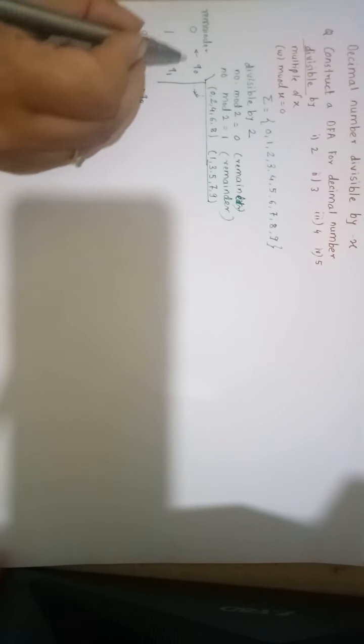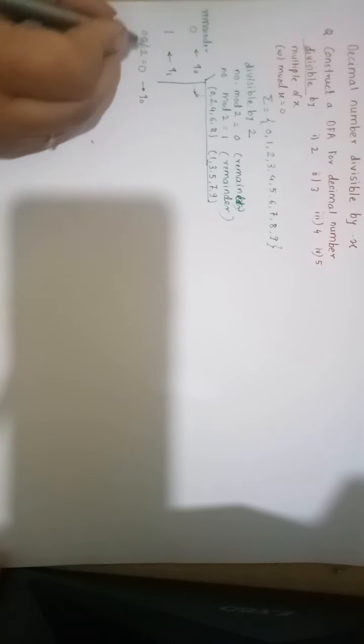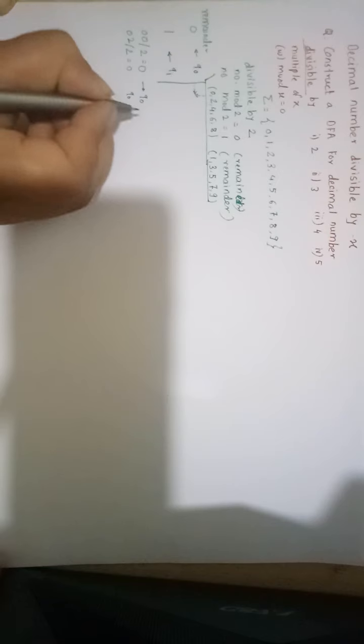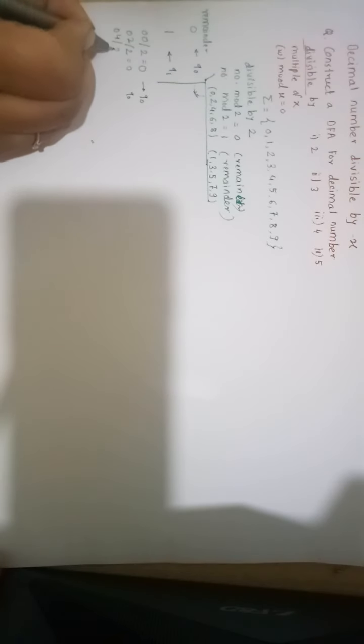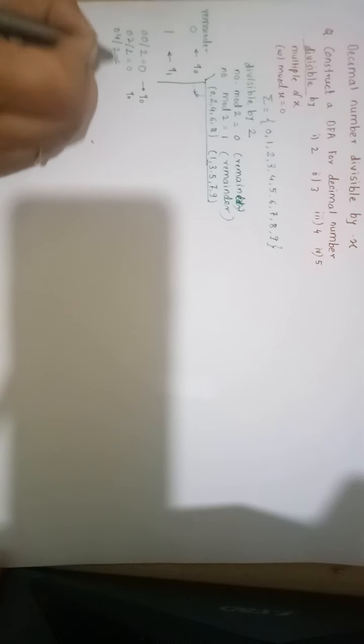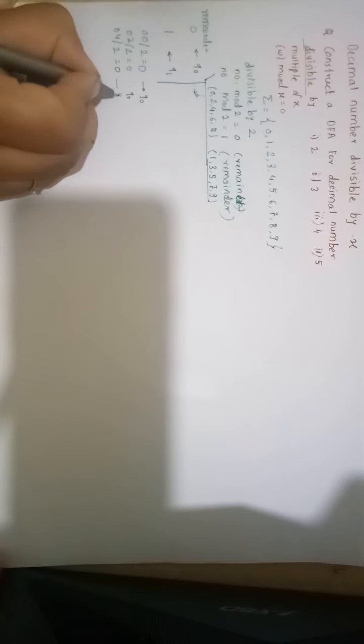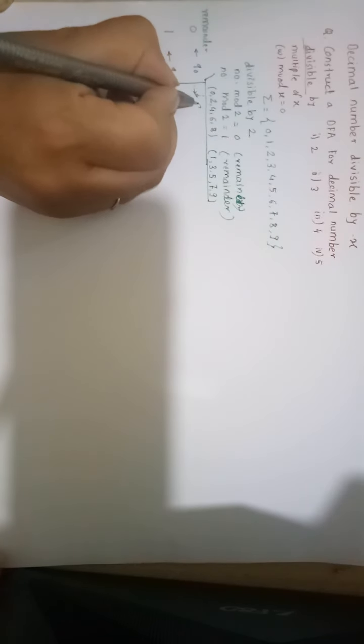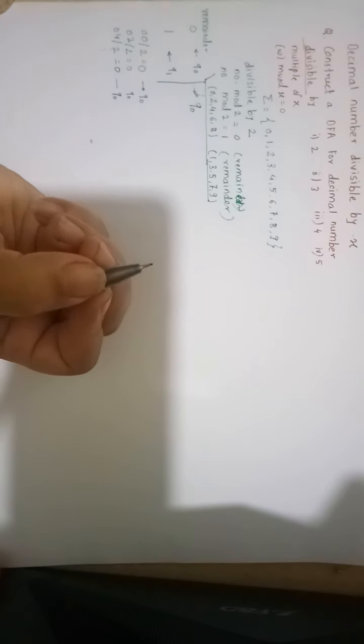Now 02 divided by 2, remainder is 0, means your Q0 state. Then 04 divided by 2, remainder 0, so it is Q0 state. Same way we can check, so here we write down Q0 state.